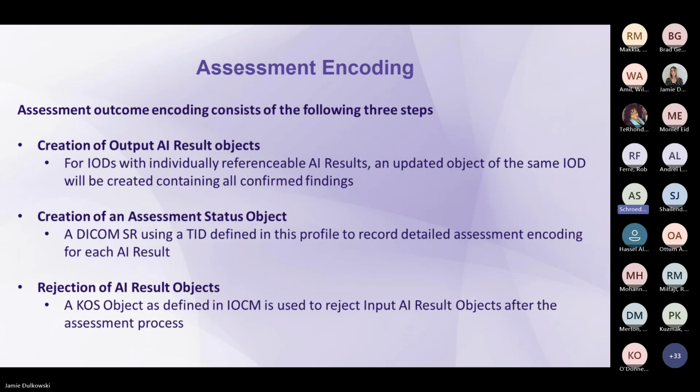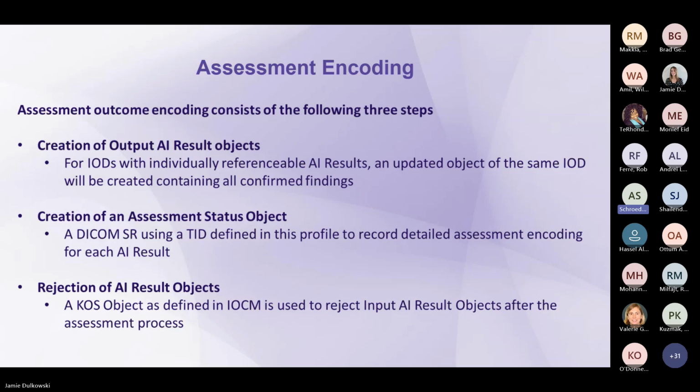the rejected ones. However, we also create what we call the assessment status object, which is also a DICOM SR using a TID. That is the outcome of this profile, which provides the reference into each finding as well as a status associated with these findings.